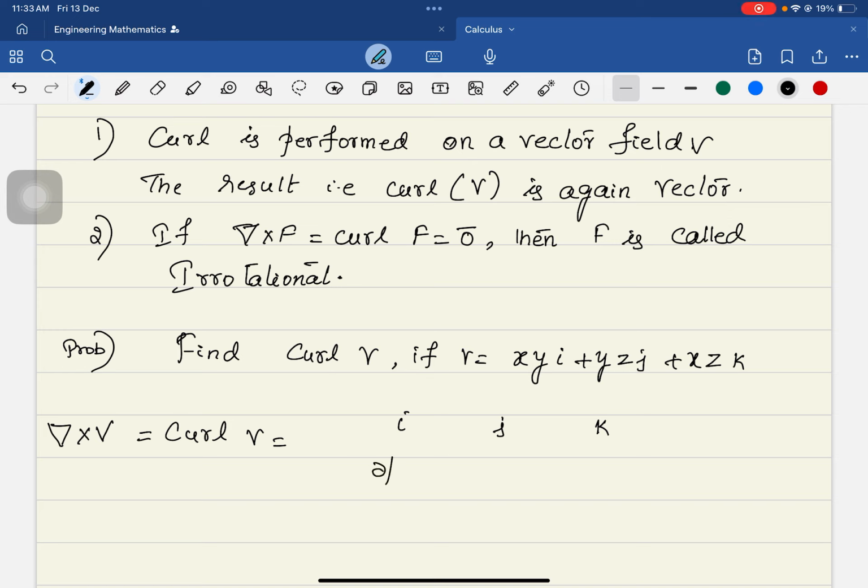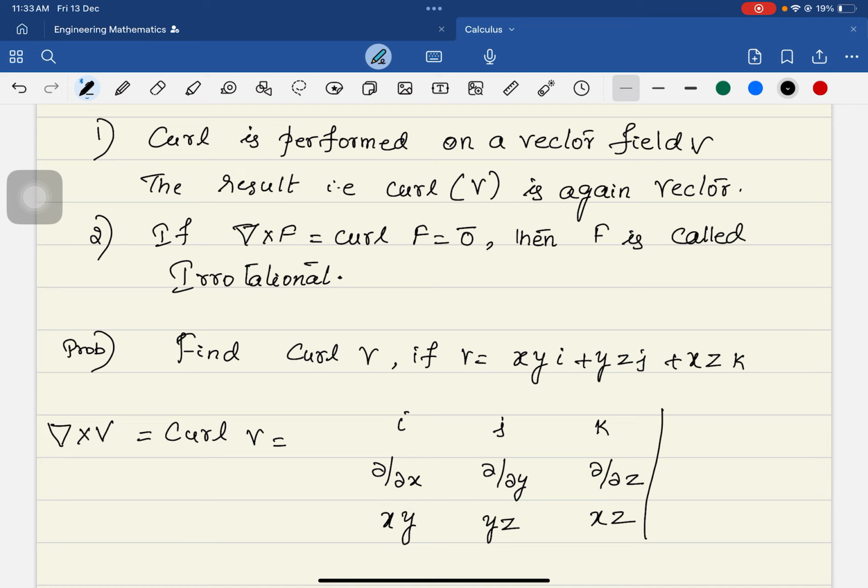The same procedure applies. Now del is denoted by ∂/∂x, ∂/∂y, ∂/∂z, and f here has i component xy, j component yz, k component xz.